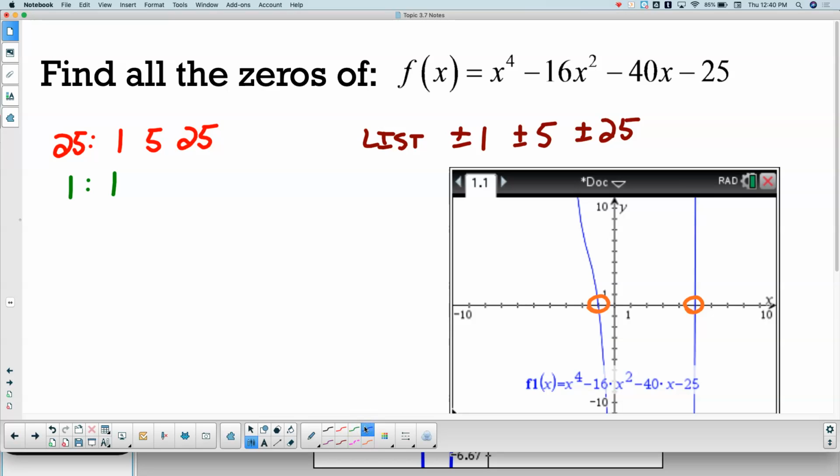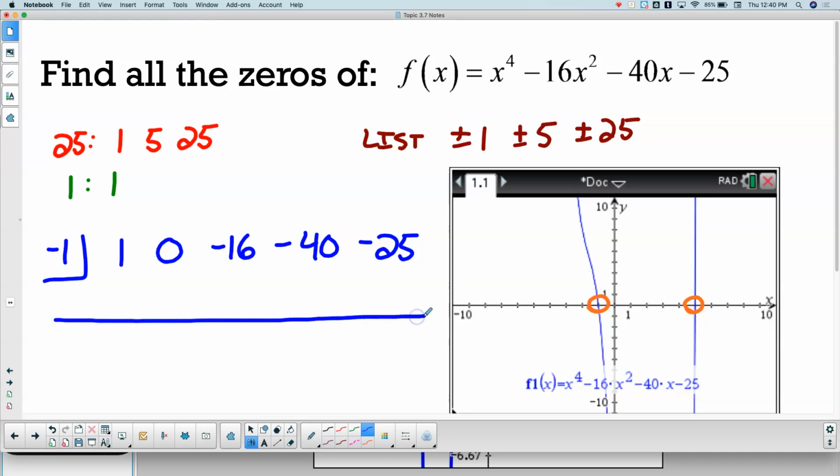Okay? So I'm going to try -1 first, and then we'll also try +5. So if I do -1 first, that's going to go into 1, 0, -16, -40, -25. -1, -1, 1, -15, 15, -25, 25, 0.